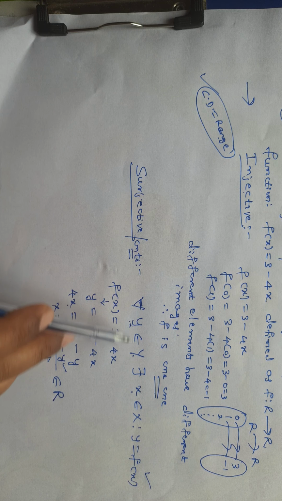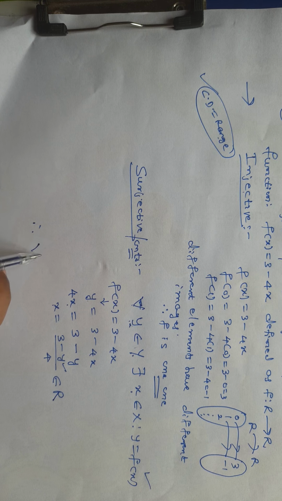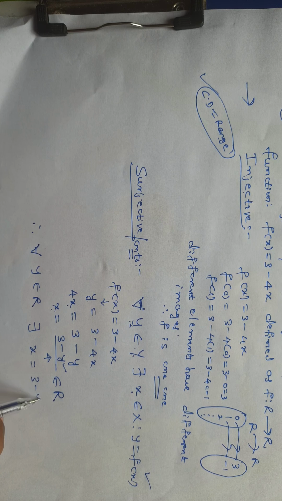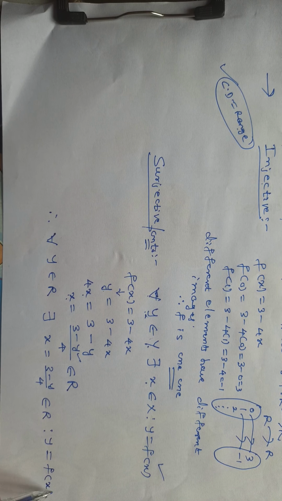Therefore, for all y belonging to the real numbers, there exists x, which is (3 minus y) by 4, a real number, such that y is equal to f of x.